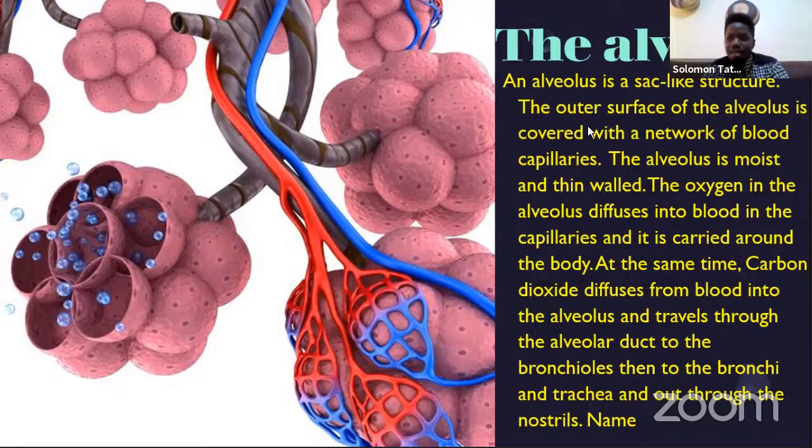So the alveolus is a sac-like structure. The outer surface of the alveolus is covered by a network of blood capillaries, like you have said. Alveolus is moist and thin-walled. Why is it moist and thin-walled? What is the reasoning behind it being moist and thin-walled?